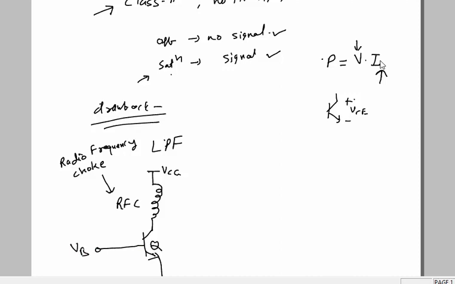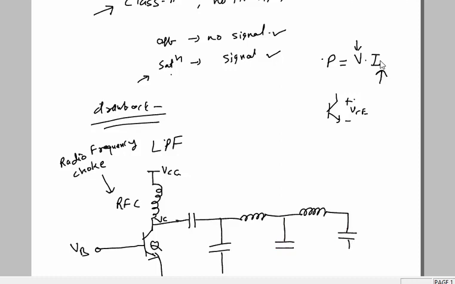Now here we are getting the collector voltage VC, and after that we are applying the low pass filter, and we are also using these inductors to filter the harmonics. Then the output is taken across this antenna, the load of approximately 50 ohm.